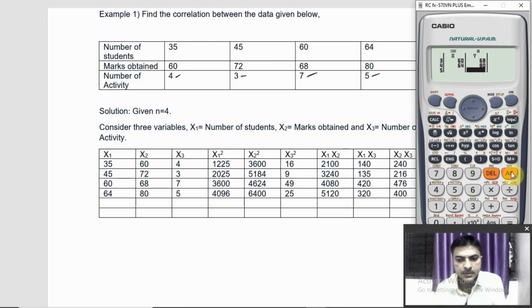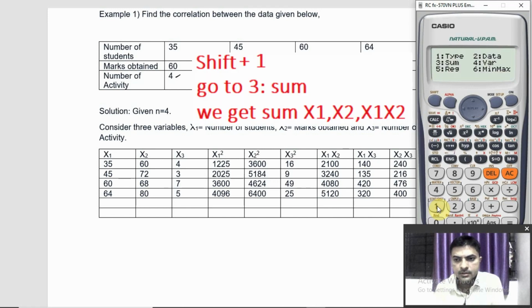I have taken the first correlation. So x1 and x2 if I take, immediately you can see we get all the values of x1 square, x2 square, x1 into x2 in this data. Just press AC, just go to shift 1. You can see here 3 will get x1, summation of x1.